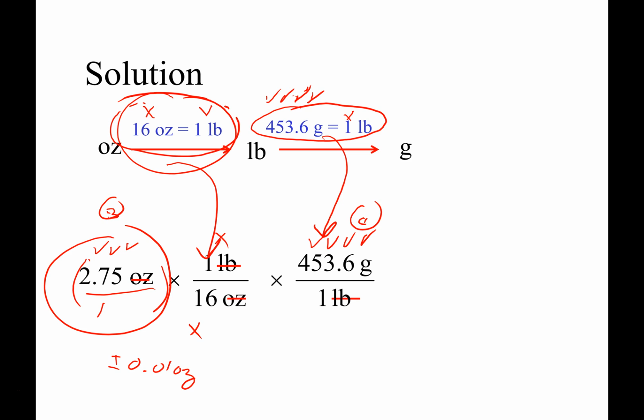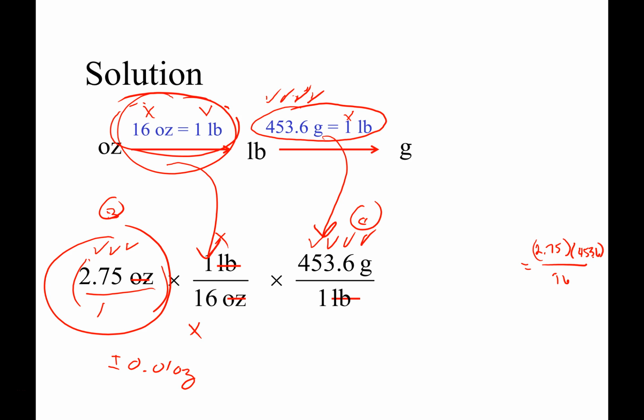Sometimes I assume this, but I shouldn't. Now, there's a couple ways to work this. We have the numbers 2.75 and 453.6 in the numerator, and one number in the bottom, simply 16.